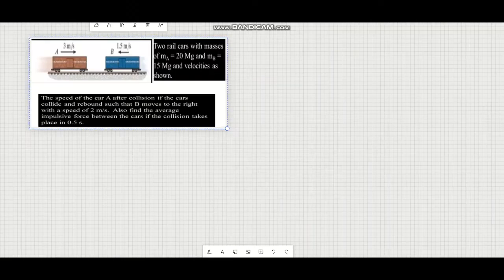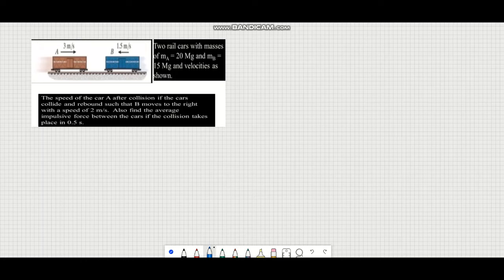In this example, there are two rail cars approaching each other. Rail car A has 20 megagrams of mass, and rail car B has 15 megagrams of mass. The velocities are 3 meters per second for A and 1.5 meters per second for B, approaching each other.